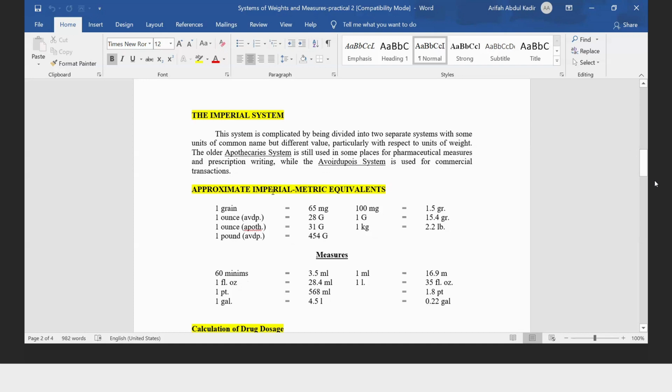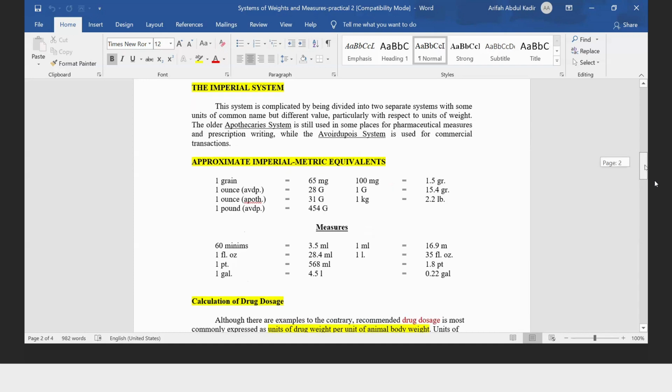We need to know, for example, 1 grain equals how many milligram. This is the confusion: the old system and the new system give you different values. Even though there's a difference, 28 and 31, it's not much, plus minus 3, which is acceptable.